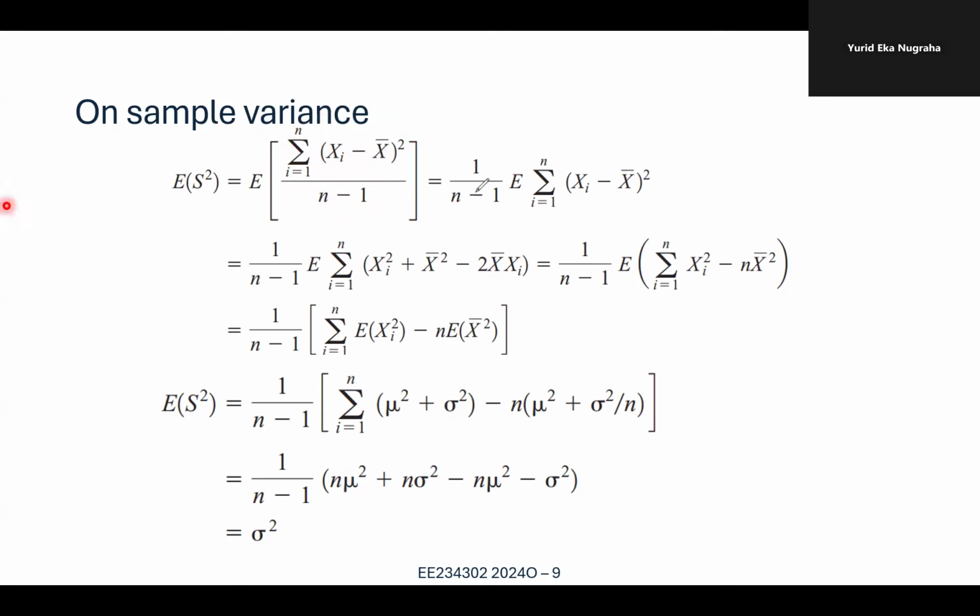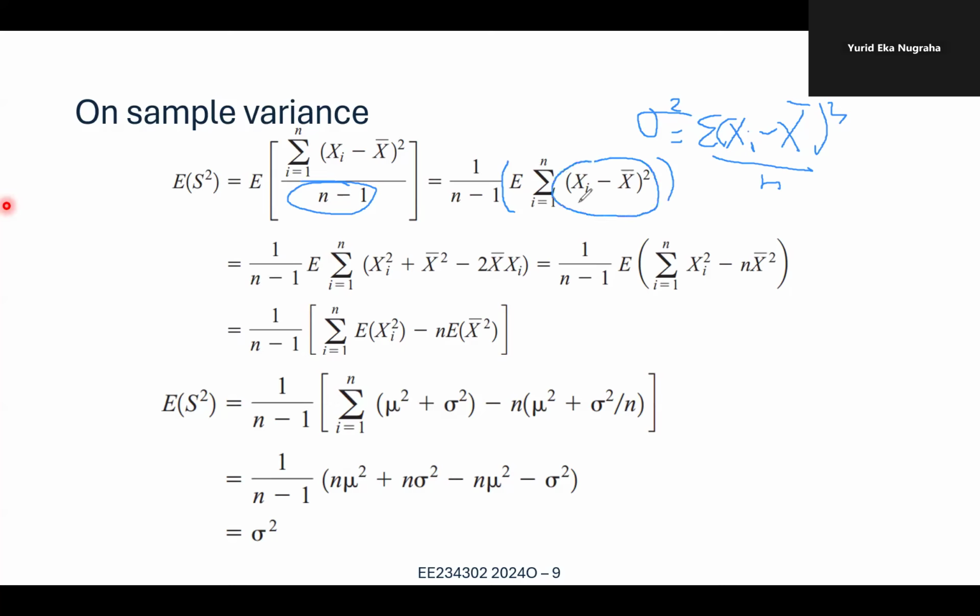For the population variance sigma square, you have the sum of xi minus x bar square over n, but now it's n minus 1, right? And we pull this out of the expected value operation. So it would be 1 over n minus 1, multiplied by all of this.